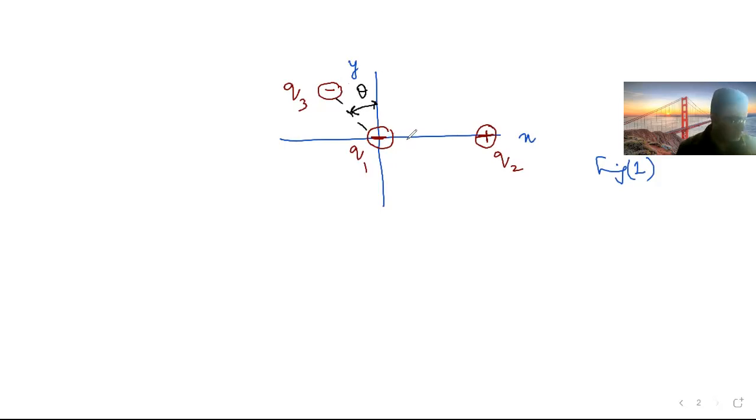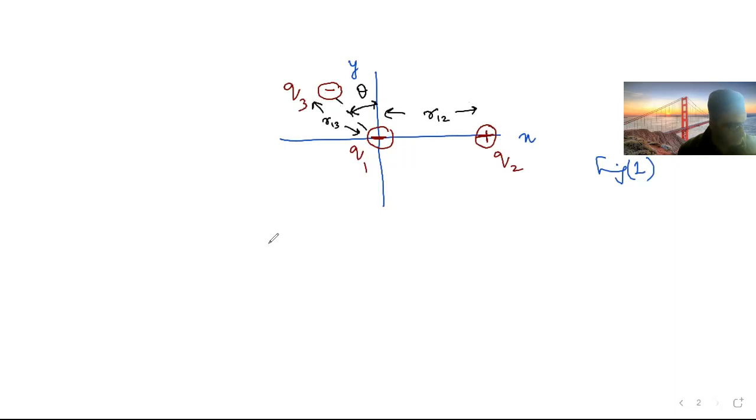So this distance is R12, and this distance is R13, right? So we have 3 charges, 2 negative charges, Q1 and Q3 are negative charges.